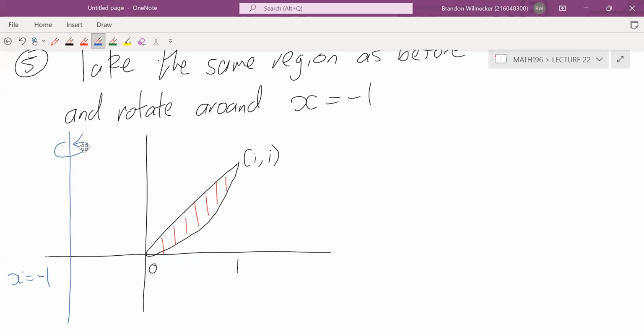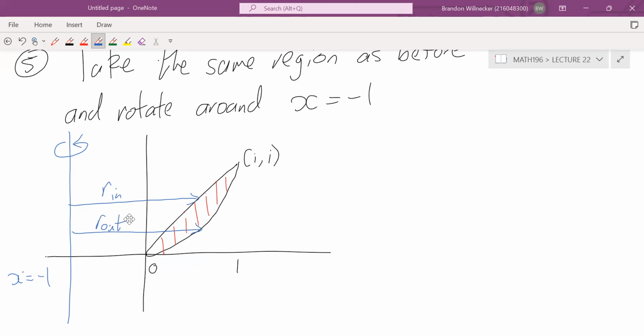So what we want to do is find the inner radius and the outer radius. This distance here is going to be our inner radius, and this distance to the outside is our outer radius. So we need to find what those distances are.